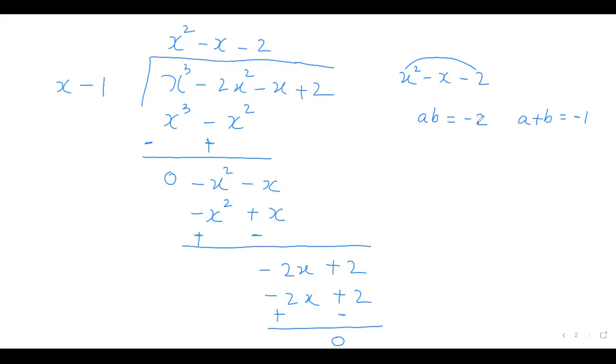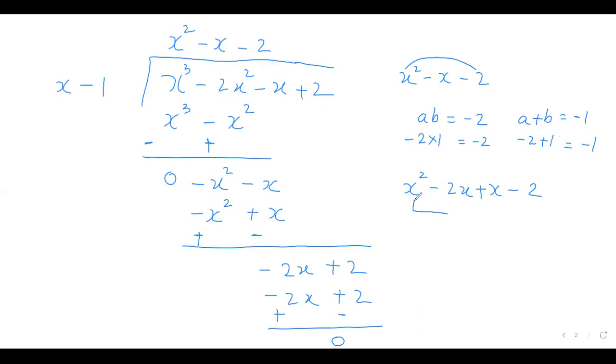So a into b is minus 2 and a plus b is minus 1. So what should be the factors? Minus 2 into 1, that is minus 2, and minus 2 plus 1, that is minus 1. So I got the middle term. It should be minus 2x plus x minus 2.